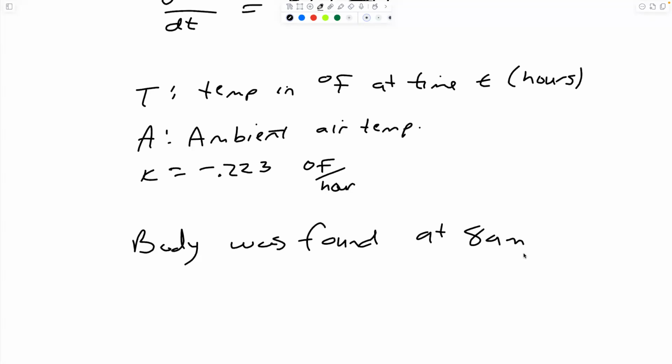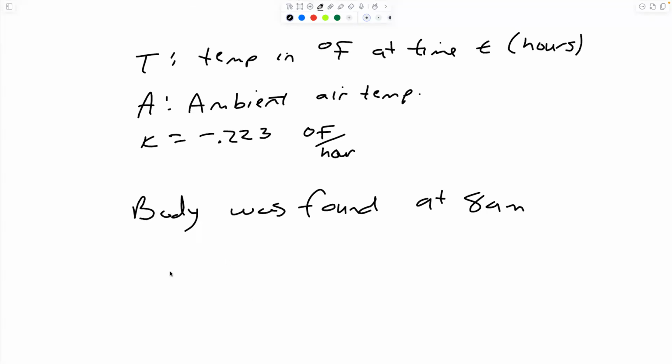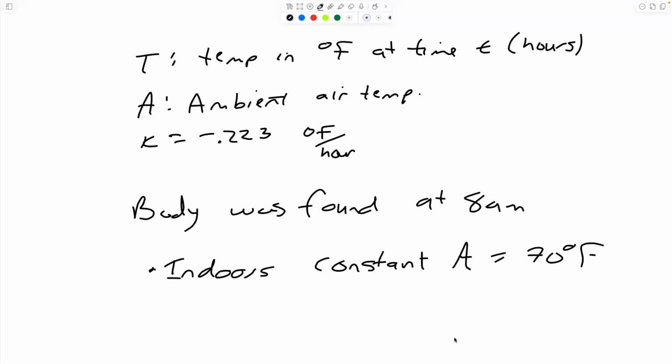So we're going to have three different scenarios. Either the body was outside the whole time with constant air temperature. Let's say the body was indoors, constant A at let's say 70 degrees Fahrenheit.